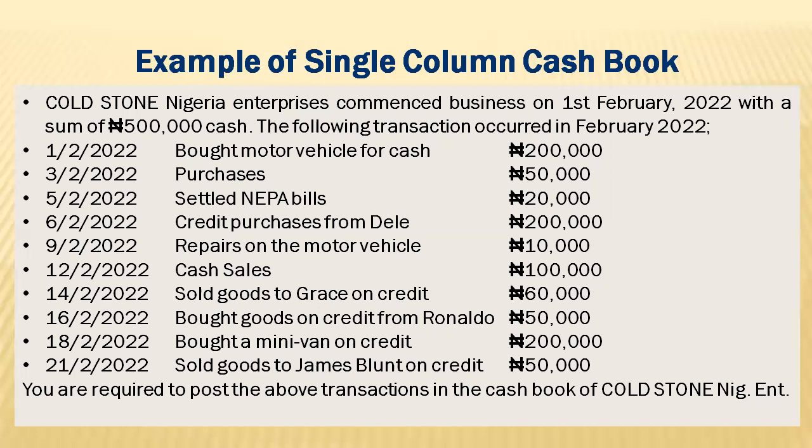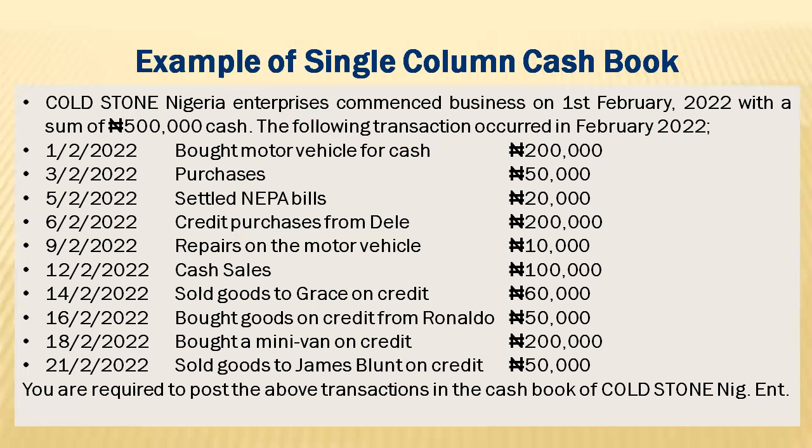On the 6th of February 2022, credit purchases from Daily. So we have made a purchase from Daily. Now, credit purchases will not appear in the cash book. The requirement of this example says that we should post the transactions above into the cash book.